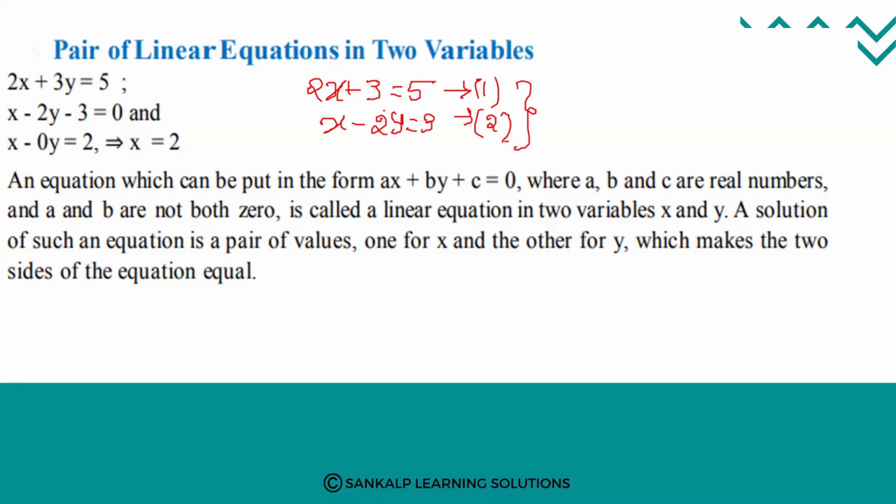Why is it a linear equation? Because here the variable power is 1, right? So the highest power is 1. So for that it is a linear equation and we are going to consider two variables here, x and y, right? So, pair of linear equations in two variables. And here A, B, C are real numbers. Then what is the general form for a pair of linear equations in two variables?